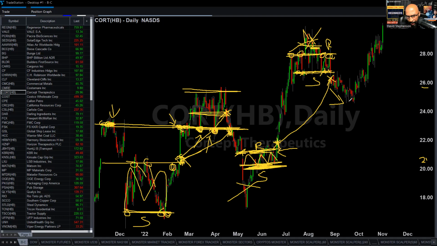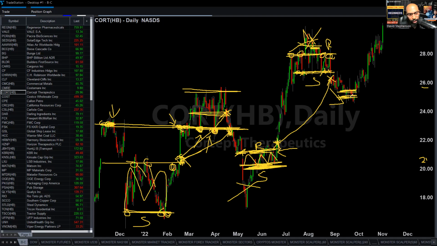Even if it's a small phase, it's still a markdown phase. And if it's moving higher, then there has to be a support area. It's a small support area, but it is a small support area nonetheless. So support would be right here. And then resistance would be right here.